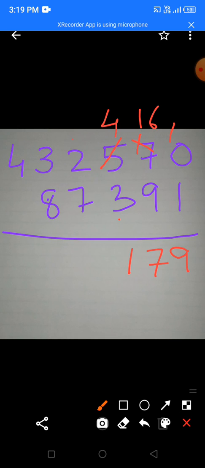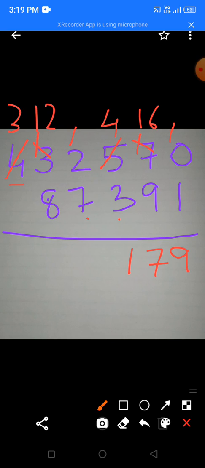Then again when you go to the next number, you see 2 is a smaller number and 7 is a greater number. What will you do? You will start borrowing. But if you see 3, the number below it is 8, that means 3 is a smaller number, you cannot borrow. So what will you do? You will shift to another number. The next number is 4. So again what will you do? You will start borrowing 13 and then again 12, then 12.